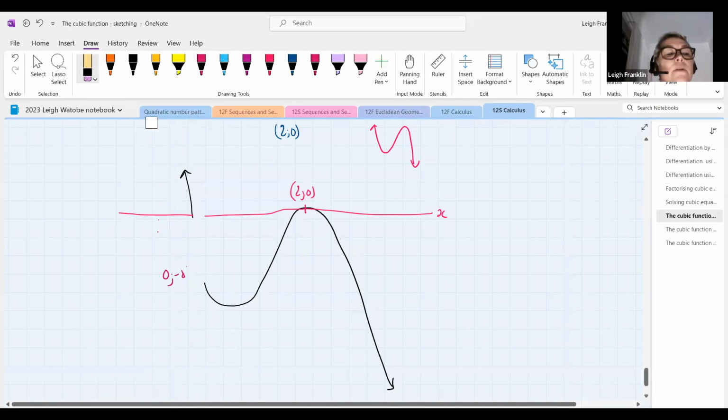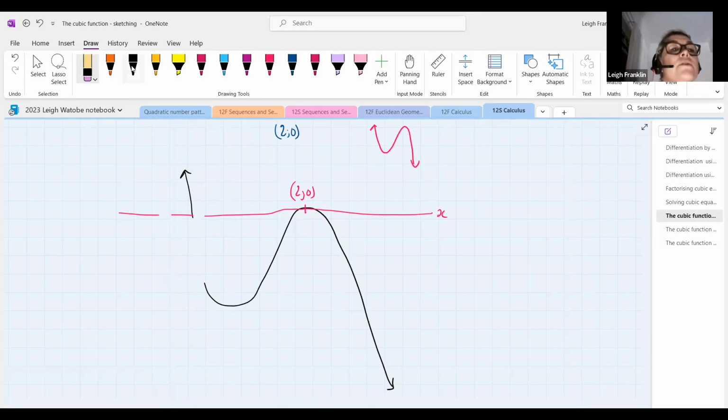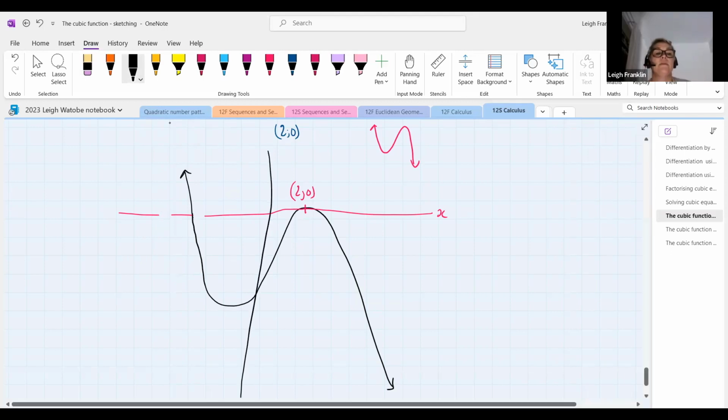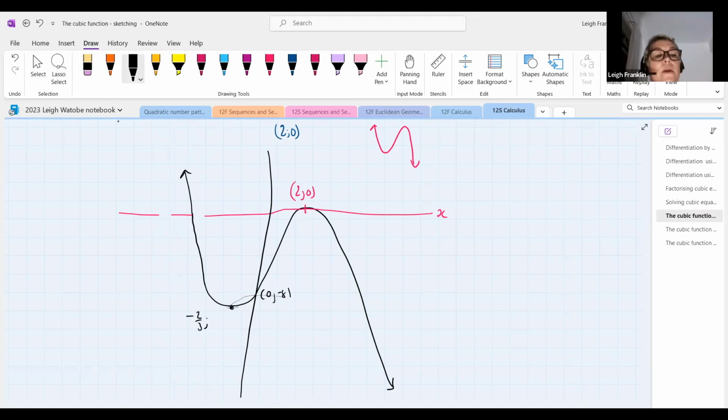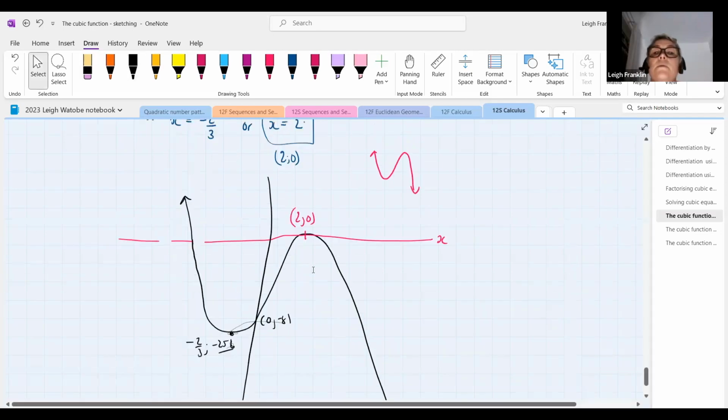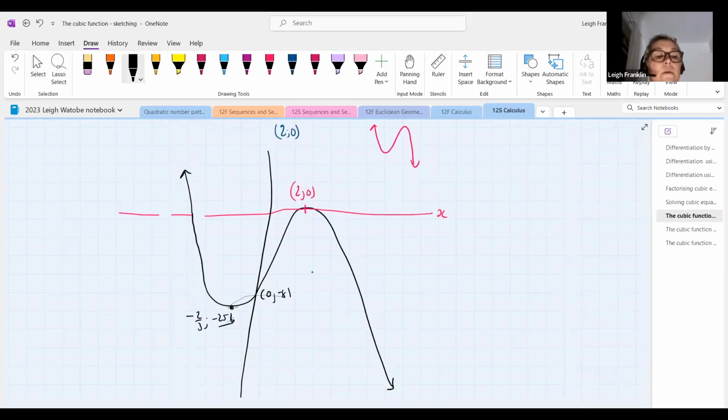If that turning point is in the third quadrant, sorry, I just realized my mistake now. Then our y-axis would be somewhere over here. So that would be 0 and -8. That point over there is -2/3 and -256 over, what was it? 27. And then that would be -2 and 0 over there. Okay, and that's what our graph would end up looking like.